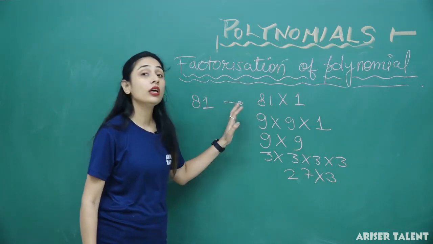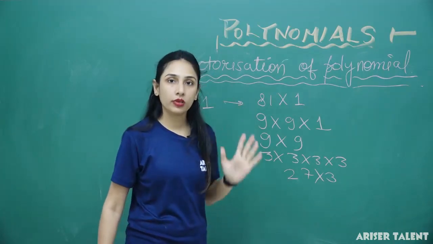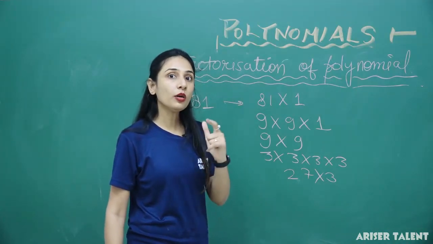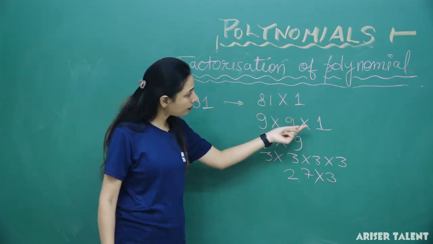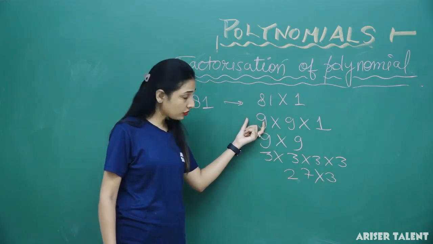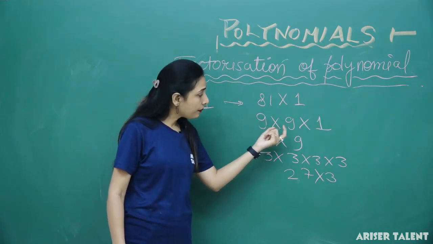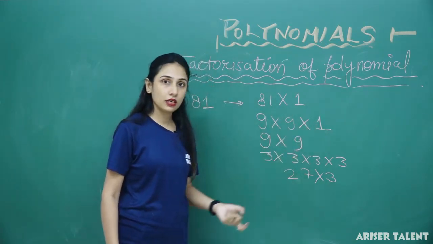Now this is what we are talking about, a particular number, but now we are talking about a polynomial. If I talk about factorization, there are only multiplication signs, right? Some term multiplying with another term, this term again multiplying with another term.